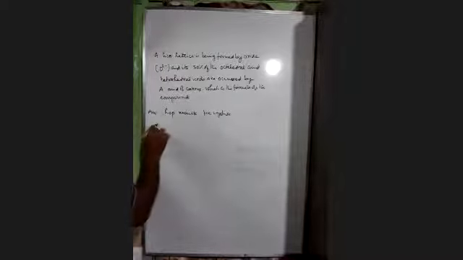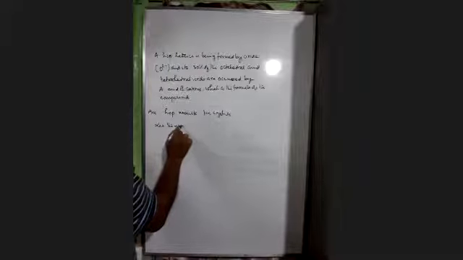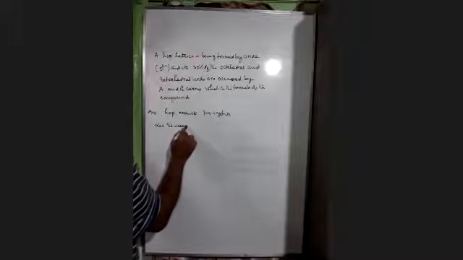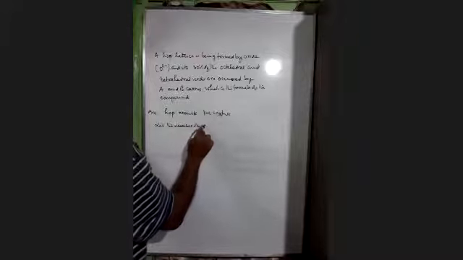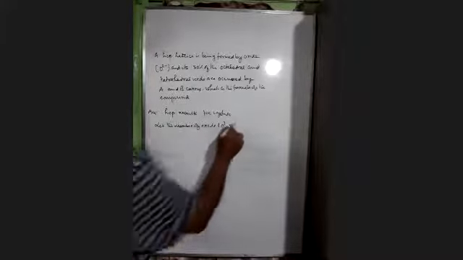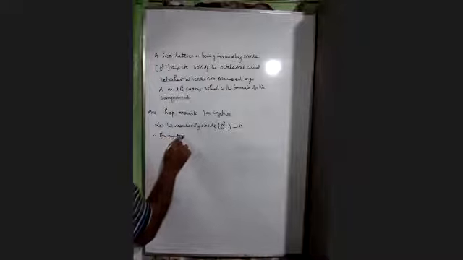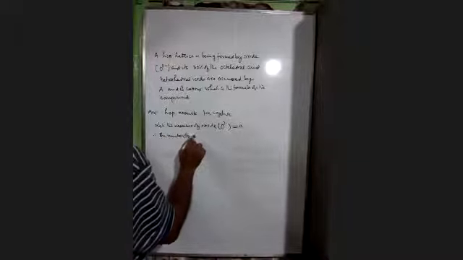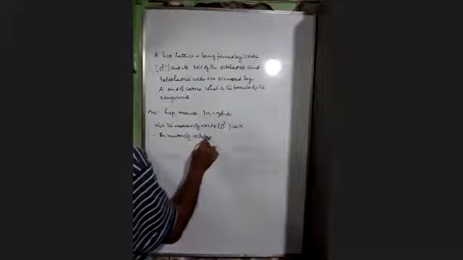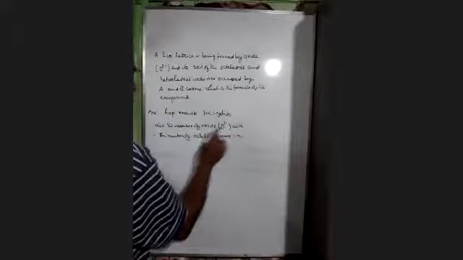Okay. Let the number of oxide O2 minus be equal to n. The number of octahedral voids is equal to n.